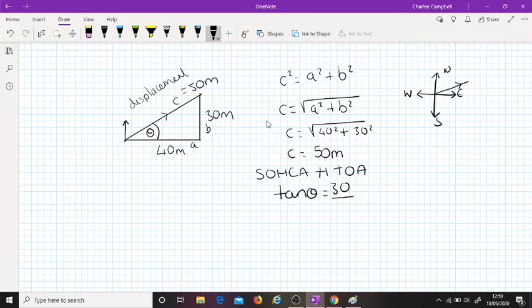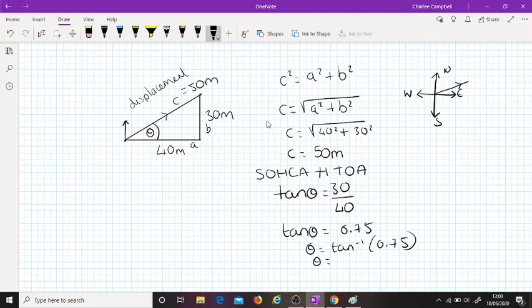Obviously this is always the hypotenuse, so divide that by 40. So we end up with tan theta equals 3 over 4, which is 0.75. Rearrange that, so we do tan to the -1 of 0.75. Put that into our calculators.